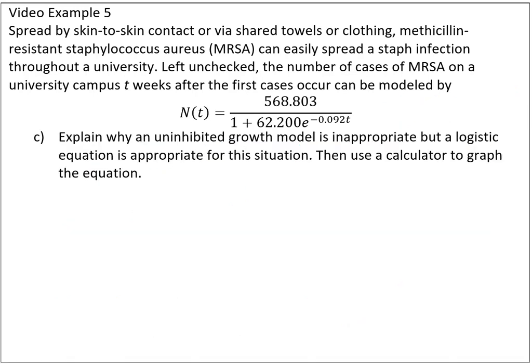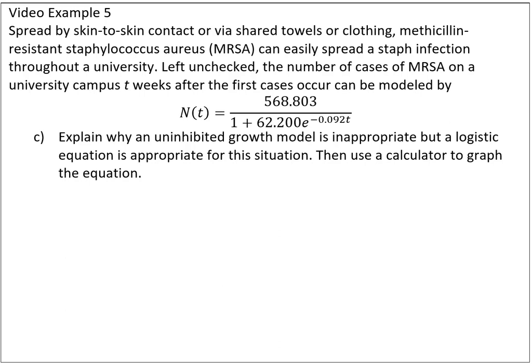Part C asks us to explain why an uninhibited growth model is inappropriate, but a logistic equation is appropriate for this situation. And then it asks us to use a calculator to graph the equation. The reason why we can't use an uninhibited growth model is because we have a limited population of students. So as students become infected, there's less students who are uninfected.